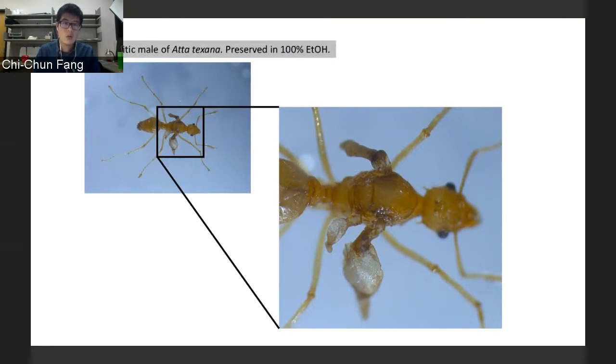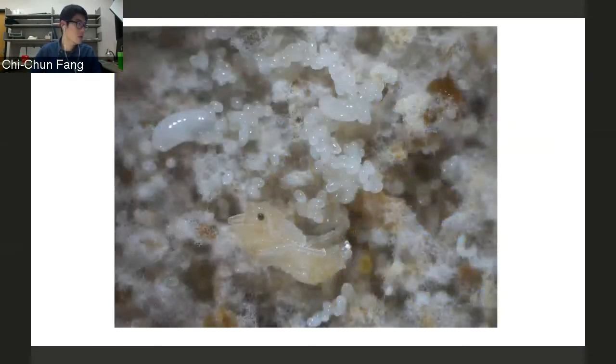We don't know if the queen can recognize the weird nanotic male by vision or by smell. More studies we have to do. But at least one thing we can be sure of is during this stage, the egg, the larva, or the pupa stage, here's the future nanotic male.